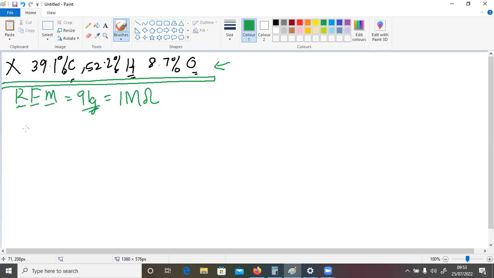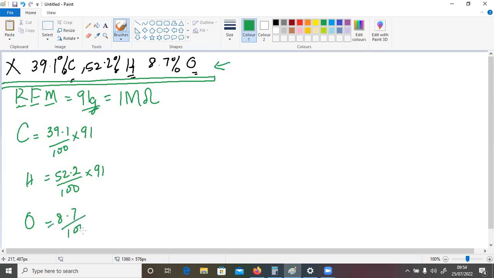I'll say that in this compound, carbon is 39.1 of 100 of 91. Hydrogen is 52.2 of 100 of 91. And oxygen is 8.7 of 100 of 91.